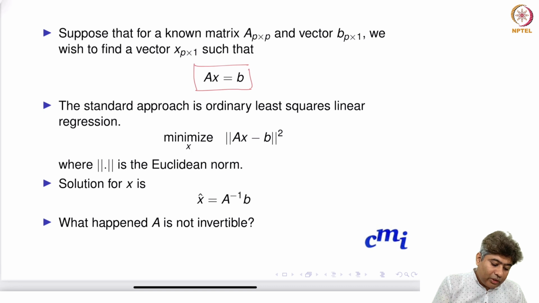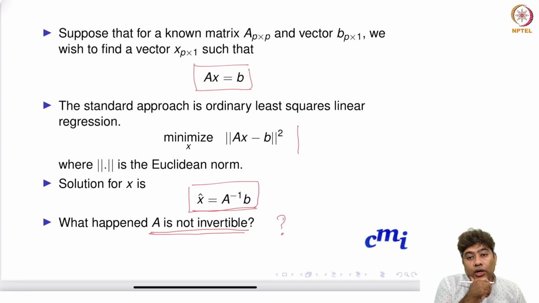The standard approach, ordinary least squares linear regression, is just to minimize these squares under the Euclidean norm, and the solution will be A inverse B. Then the question is, what happens if A is not invertible? This is a big question. If A is invertible, then we are in very good shape. We have a solution for the system. But if it is not invertible, then what should we do?